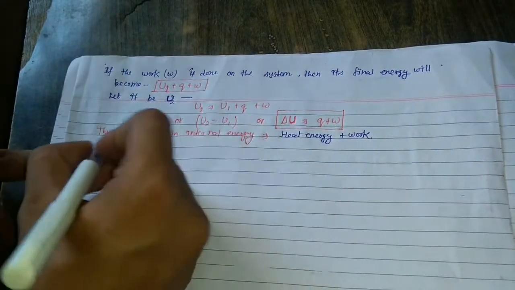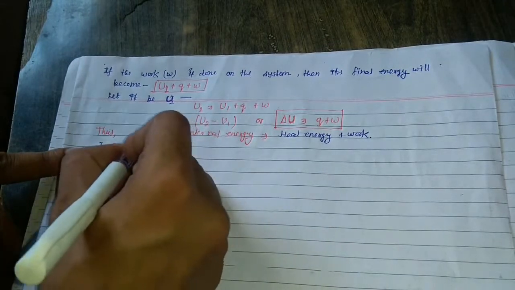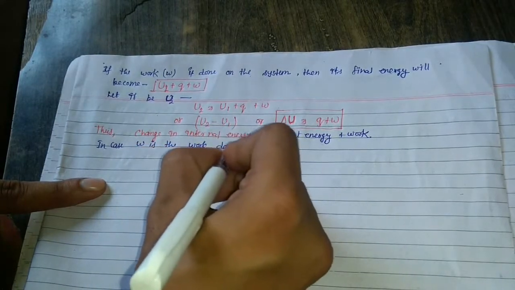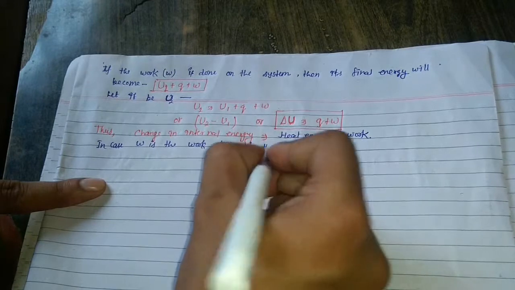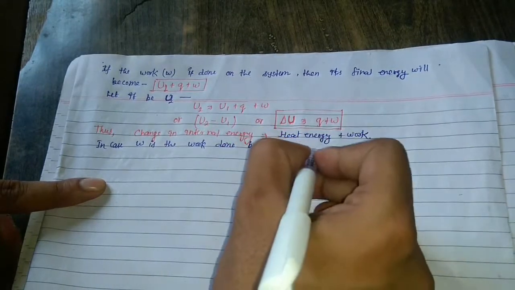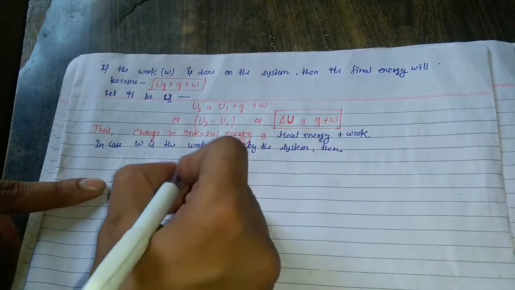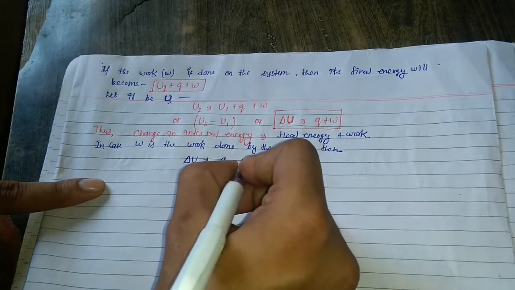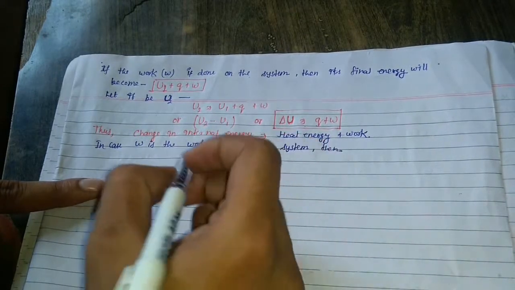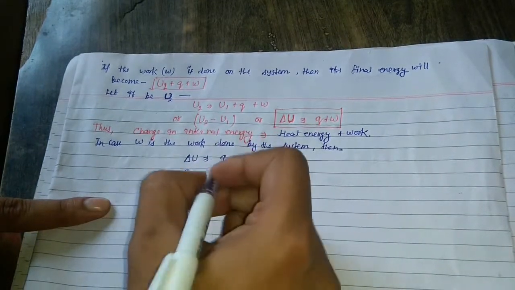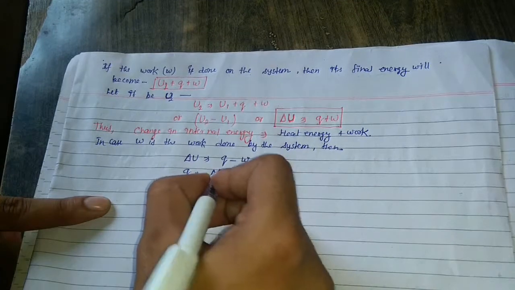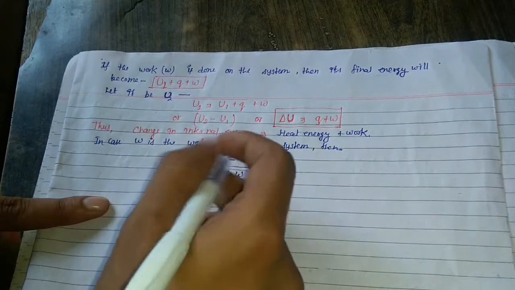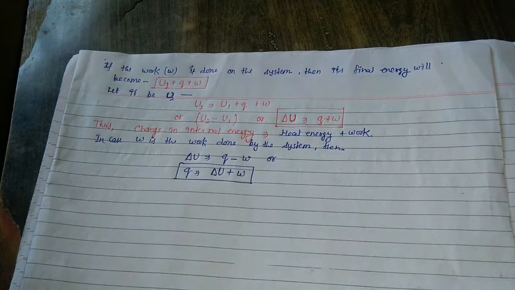In case W is the work done by the system, then change in internal energy will be heat energy minus W, or Q equal to del U plus W. Okay, in case W is the work done by the system.